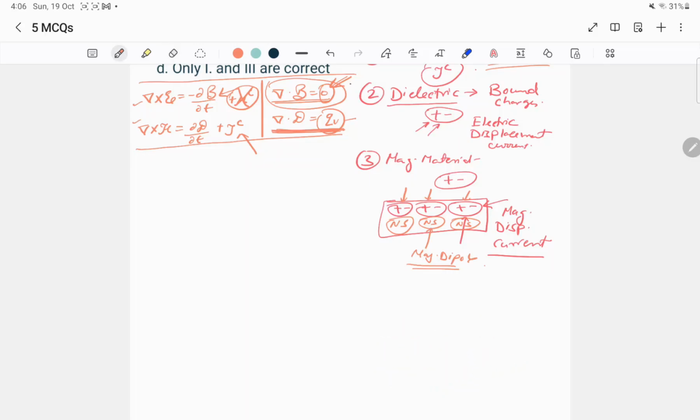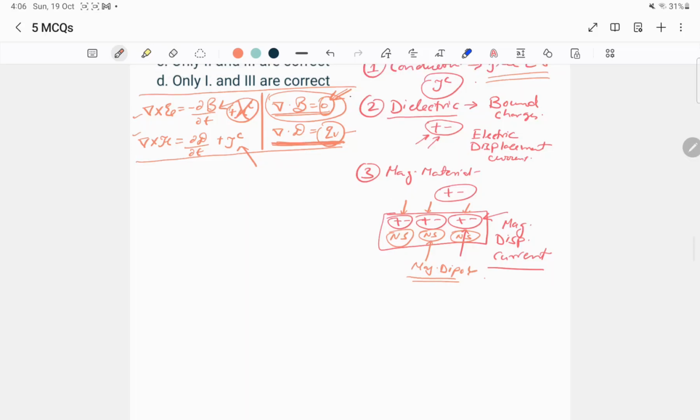Now you know that del cross E is equal to minus delta B over delta T. If you add a magnetic source, MI, magnetic current, then this can be written as minus MT, where this is the total magnetic current.